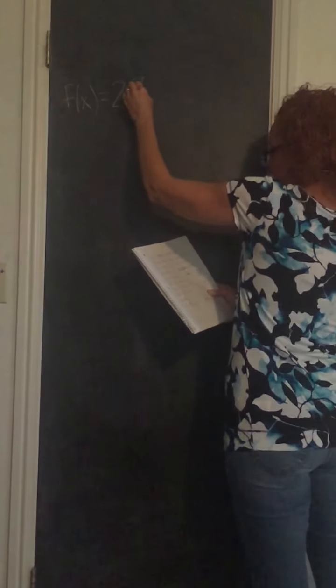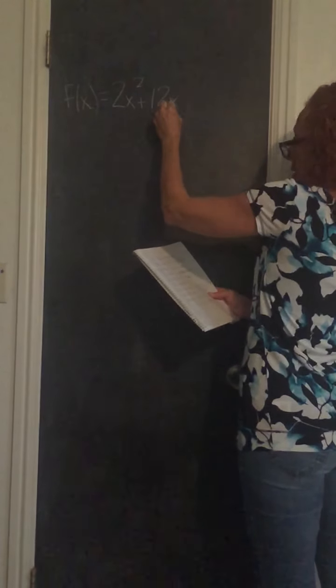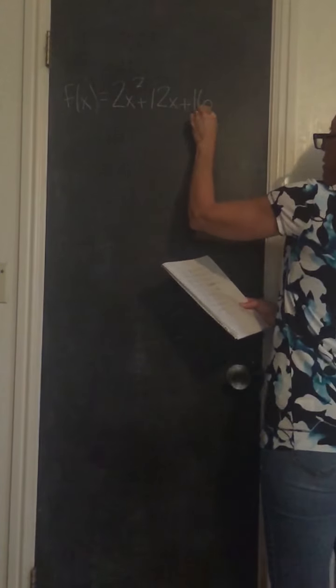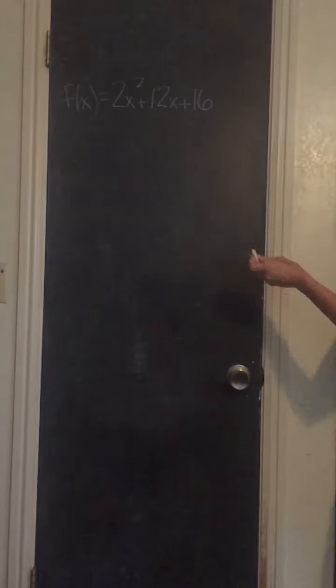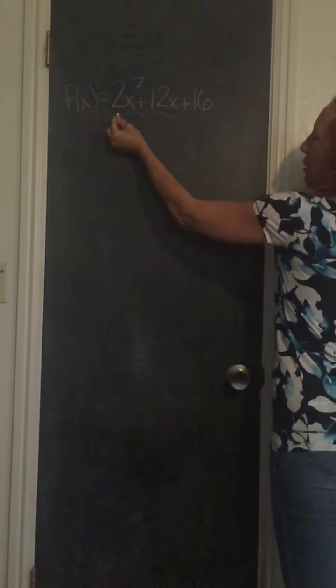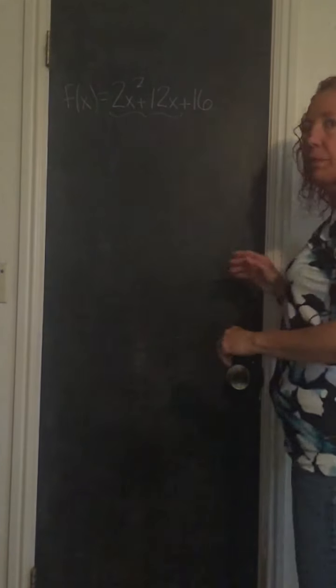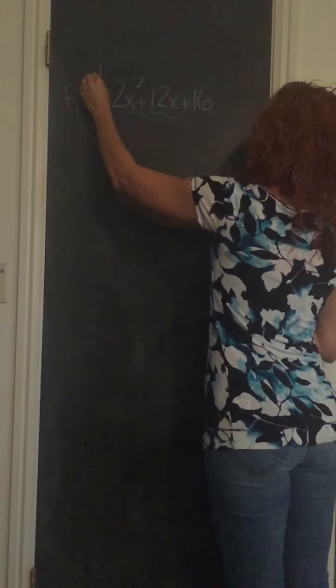All right, 2x squared plus 12x plus 16. All right, so we're going to split it right here. I am going to pull out this coefficient, this a. Remember to complete the square, that has to be a 1. And my equal sign is here.